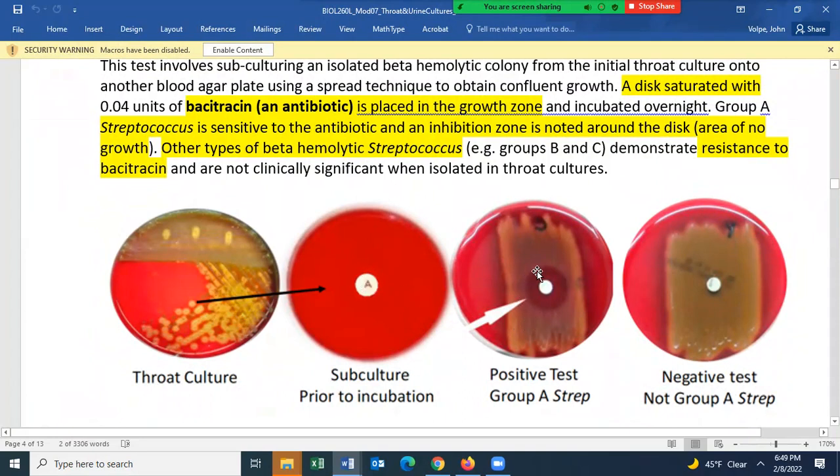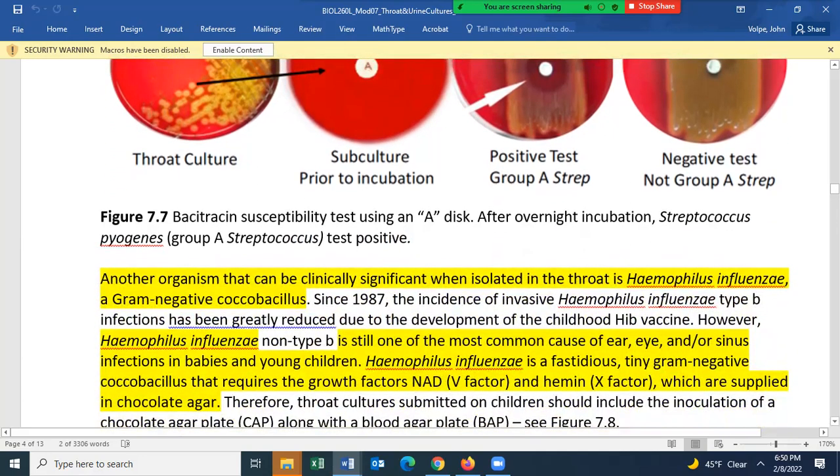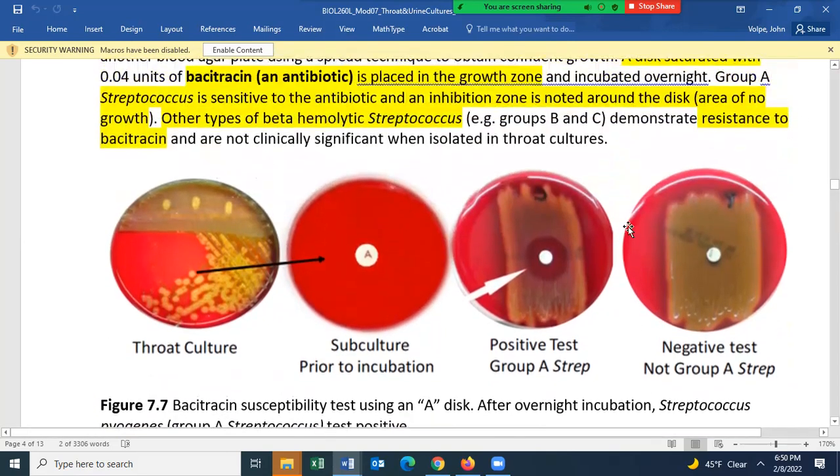If we have a zone of inhibition, which is greater than or equal to, I don't see it here, greater than or equal to something like 12 or 16 millimeters, we say that the bacteria is sensitive to bacitracin.